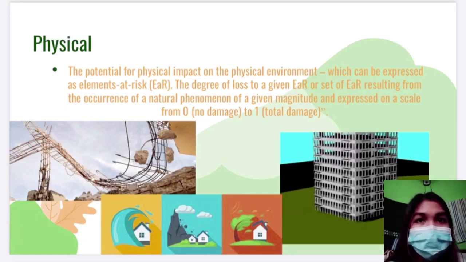An example of this is a physical structure that is vulnerable if its serviceability is likely to be damaged or disrupted by a hazardous event. Another is when a one-story building is less vulnerable than a five-story building.